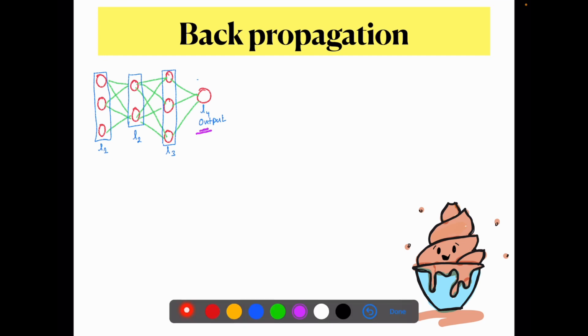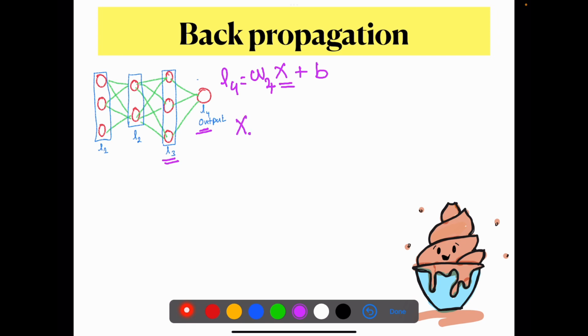The L4 layer is made up of a weight and bias. L4 is equal to weight W4 times X plus a bias B. And this X is coming from layer 3, the input into L4.